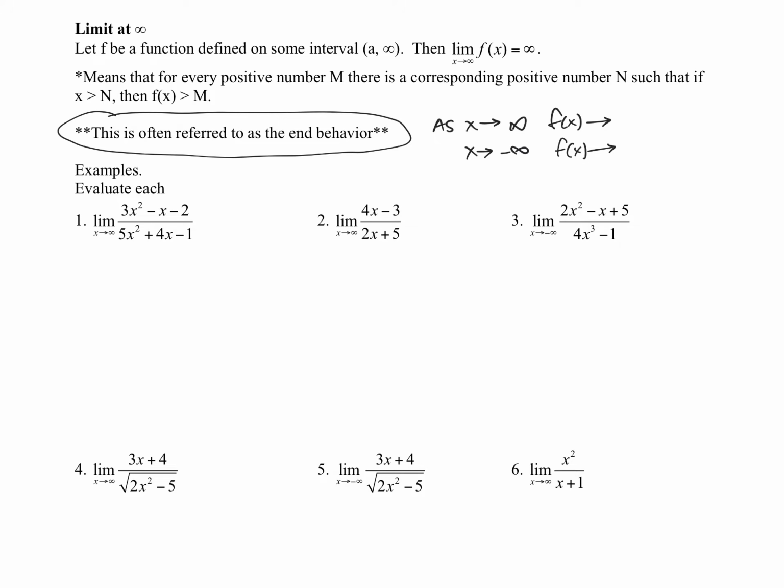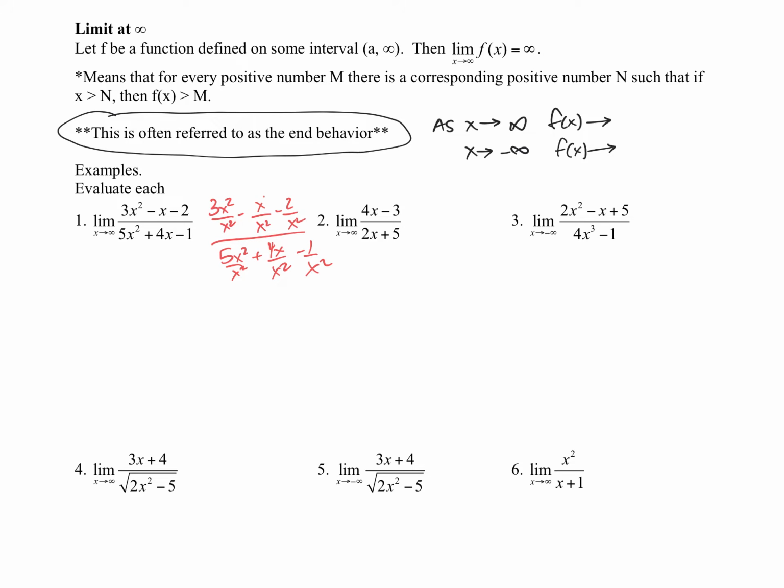Now, there are a couple different ways. Let me remind you, often in trig, you guys are told to divide by the highest power in the denominator, and in this case it would be x squared, so you would say everything over x squared like this. This is the first method that you're taught on how to do these, right? 5x squared over x squared plus 4x over x squared minus 1 over x squared.